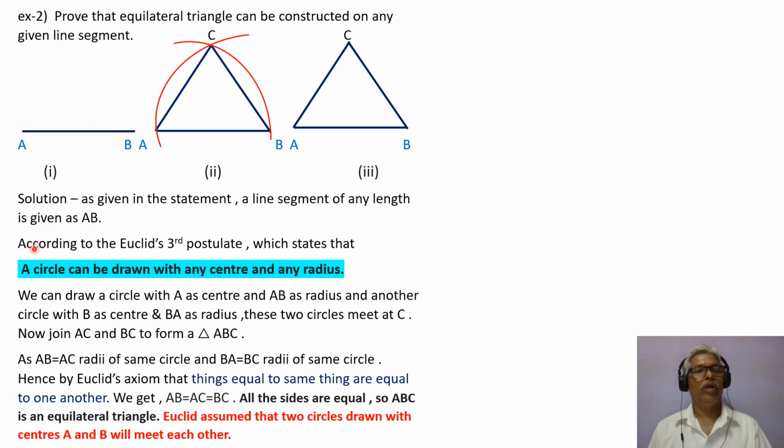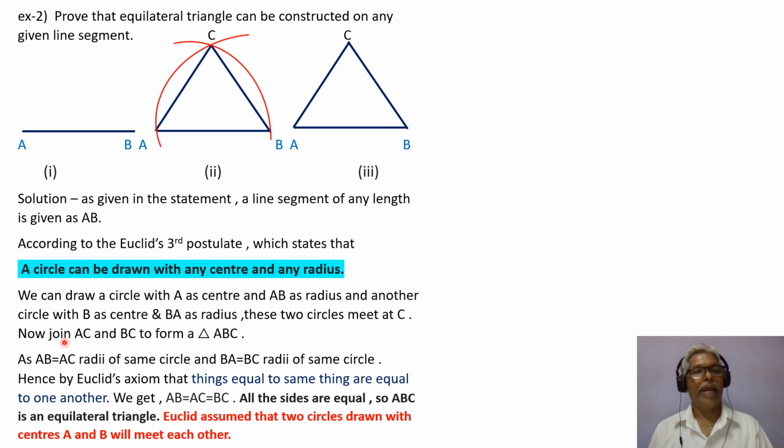Now, according to Euclid's third postulate, which states that a circle can be drawn with any center and any radius, we can draw a circle with A as center and AB as radius. We have drawn this circle.